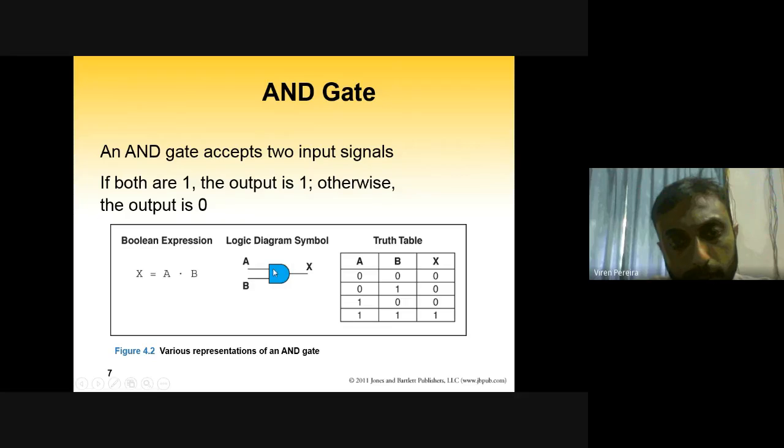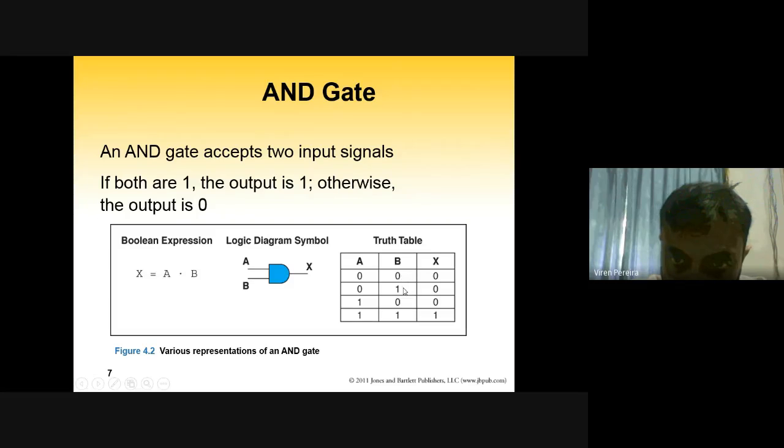The logic diagram symbol is this, with inputs A and B. It has a dash here and a slight round, and your output is X. Truth table: as I told you, you have two input signals, A and B. So A has two zeros, and then 1 1.